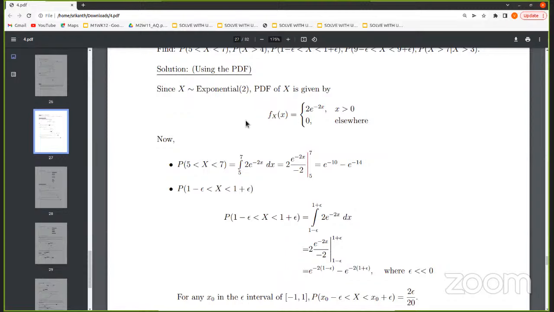So from PDF, we do one integration and we get the probability, not the CDF? In this example, from 5 to 7, this is the probability in this range, so is it the CDF of this range only? See, if you integrate, you will get the probability. That probability is shown in the CDF.